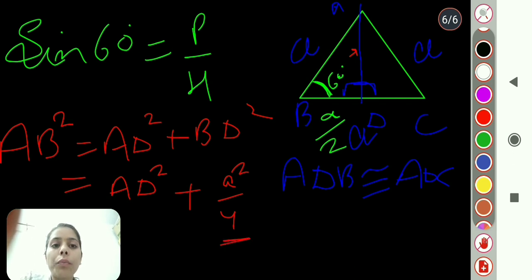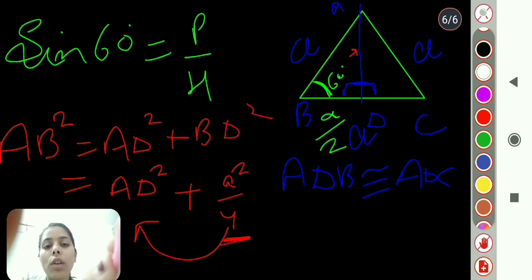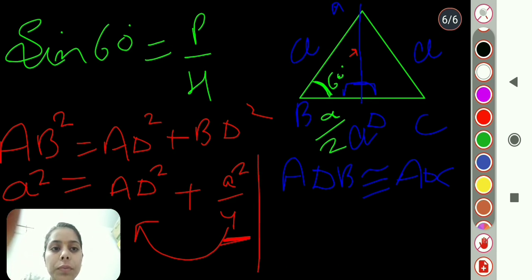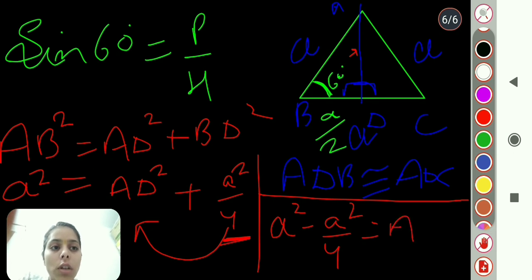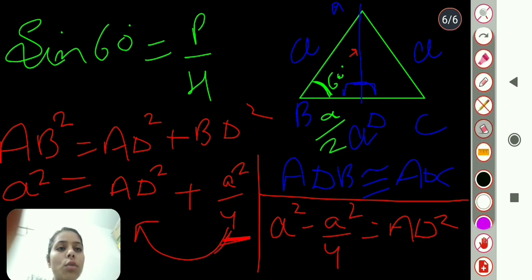So this A square upon 4 will go to the left hand side. The value of AB is A, and AB square will become A square. So now A square minus A square upon 4 is equal to AD square. What we have done till now, we took this value to the left hand side, right? Is that clear to you all?